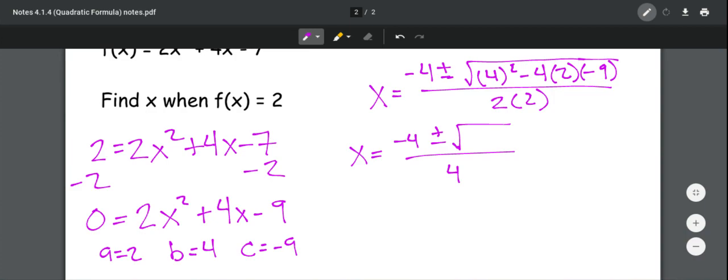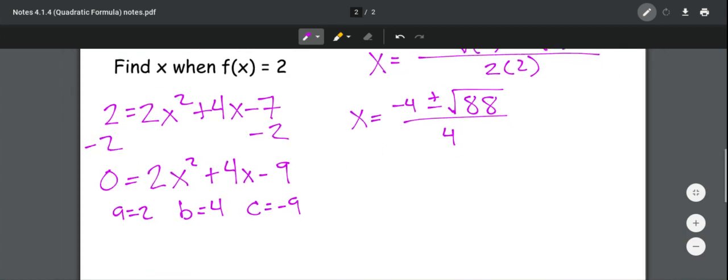So first, just put in 4 squared, which is 16, minus 4 times 2 times negative 9. So I get 88.